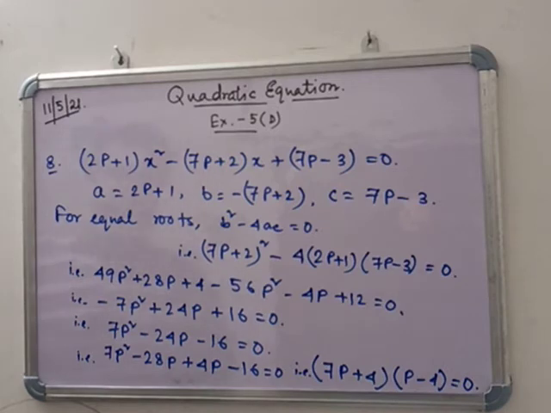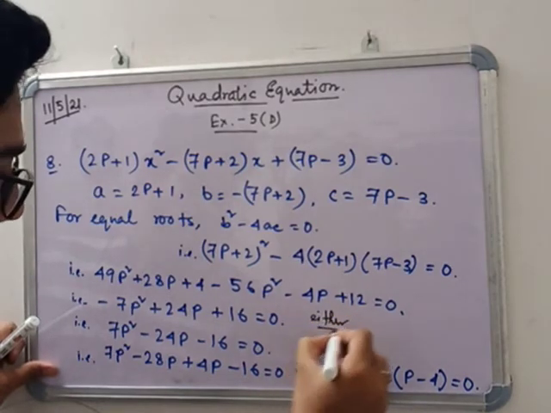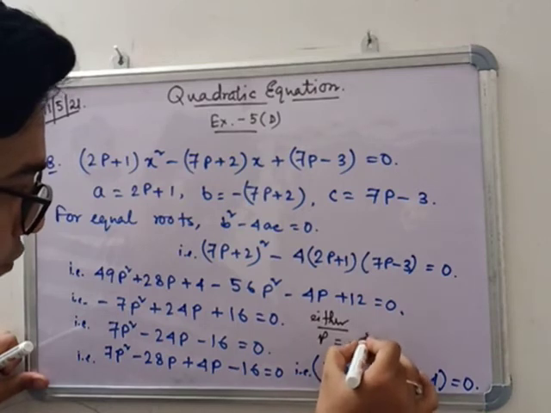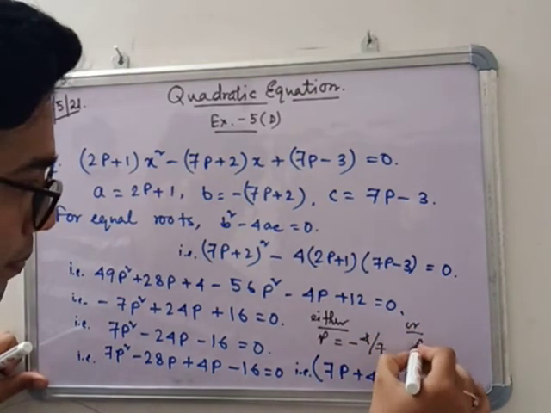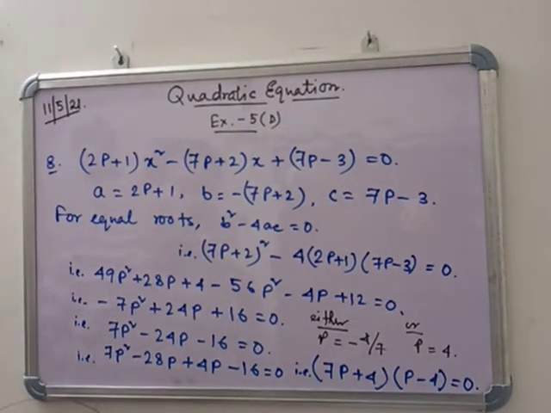So we can write here either p equals to minus 4 by 7 or p equals to 4. So the value of p is minus 4 by 7 and 4.